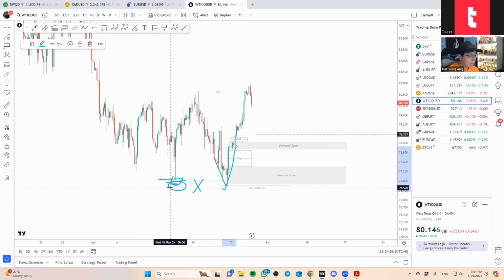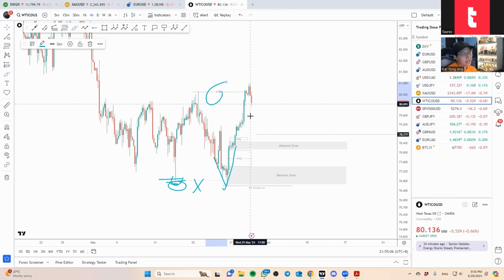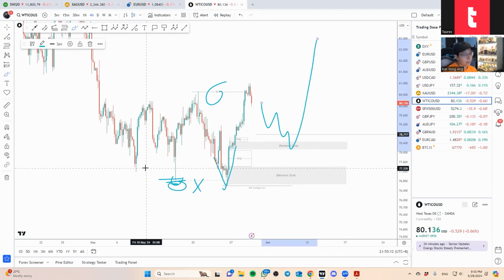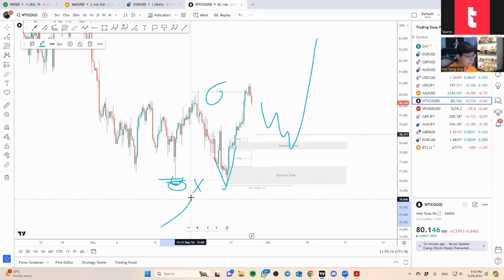Oftentimes when you see something like that, not 100%, but following a break of structure, it tends to indicate that the true intention of the market is eventually going higher. So when you have a combination of liquidity grab plus break of structure, that gives you that clue.